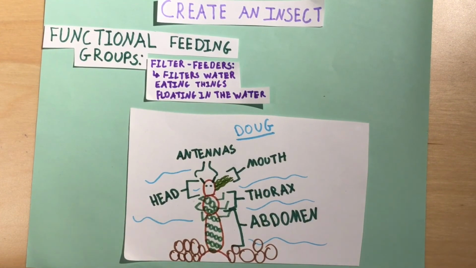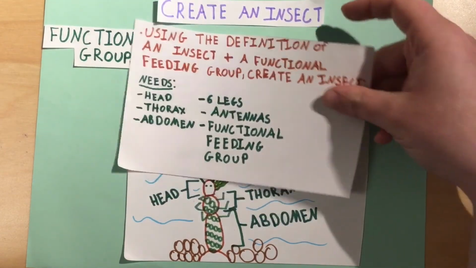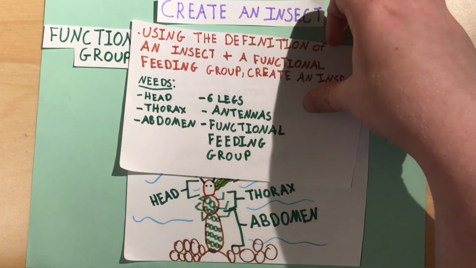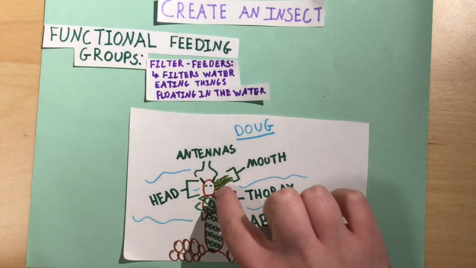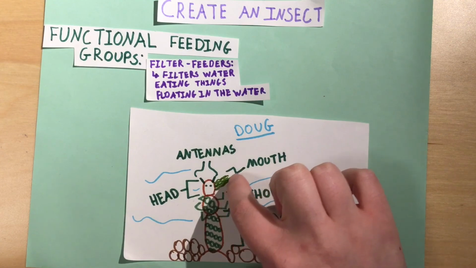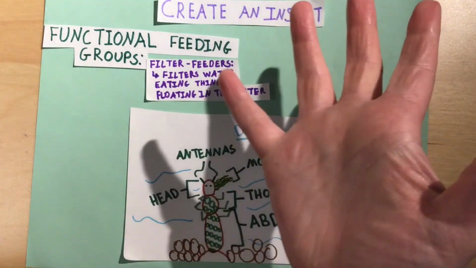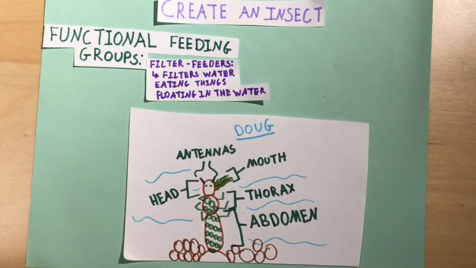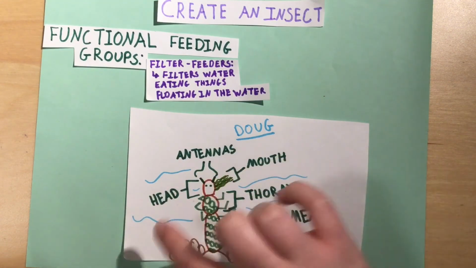So here I have my insect that, using my instructions, the definition of an insect, and a functional feeding group. So to make sure that I got this functional feeding group right, I have these little tentacles, polyps, like little strings hanging out of its mouth so it can collect things and bring it back to its mouth so it can eat as the water flows through it.